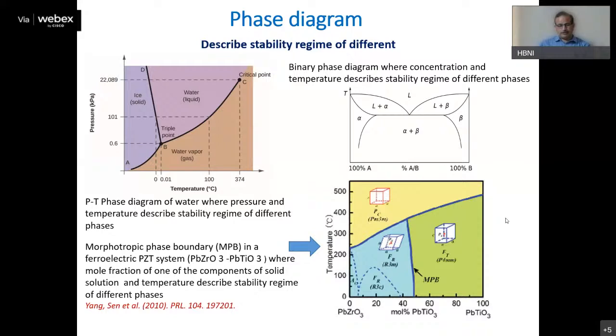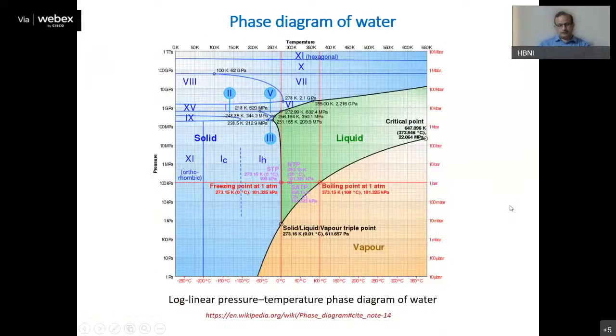Okay, so we will be mainly focusing on the phase transitions, where we change the thermodynamic parameter in order to introduce the phase transitions. So this is another elaborate picture of the same phase diagram of water. So earlier I had shown only this region where you have solid, liquid and vapor phase.